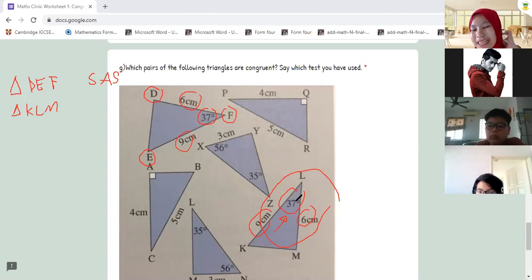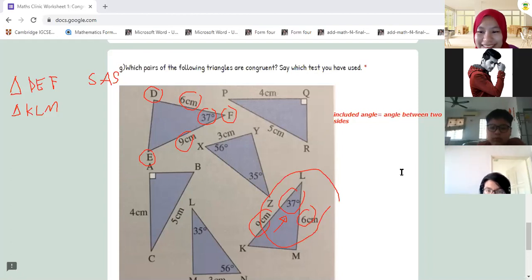What is the definition of included angle, guys? I highlight one more time. Included angle is the angle between two sides. So can you tell me whether 37 is an included angle? Okay, I can see many responses in the Zoom group chat. Very active.